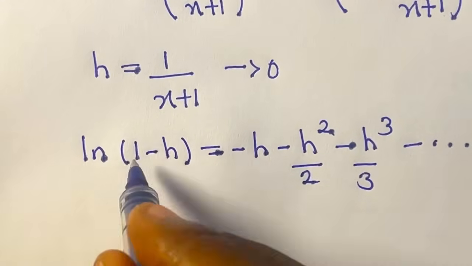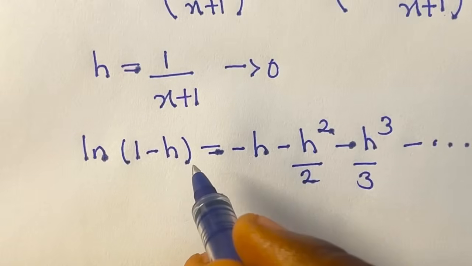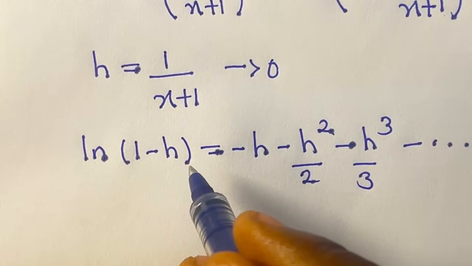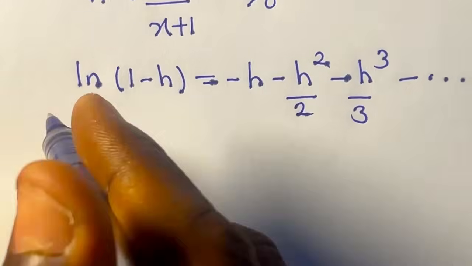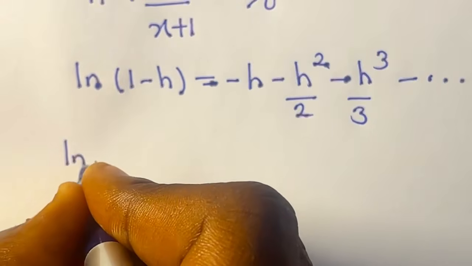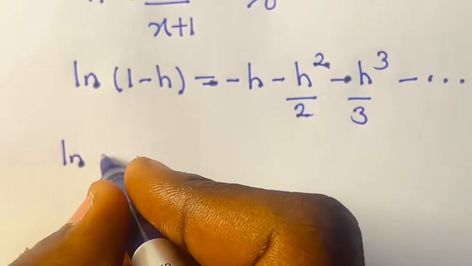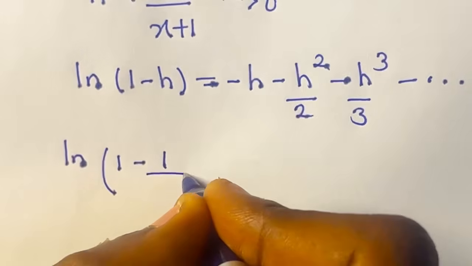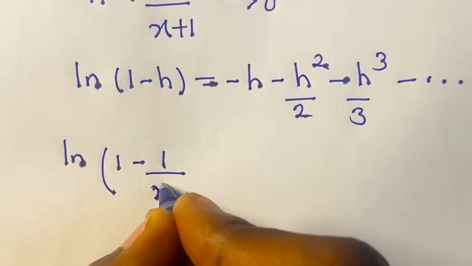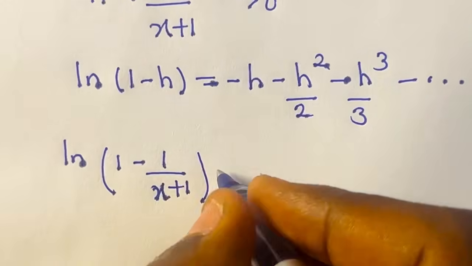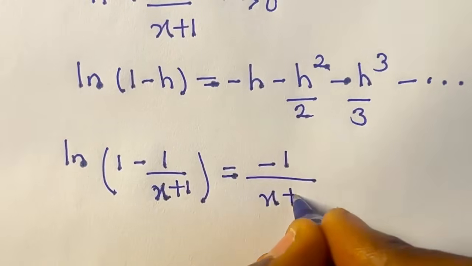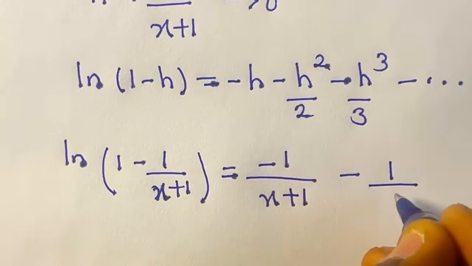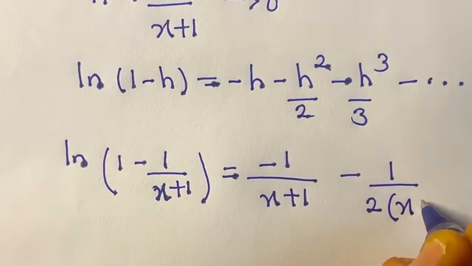This is a standard formula, or you call it the series of logarithm. So applying that to the above, we are going to have ln (1 minus 1 divided by x plus 1) equals minus 1 divided by x plus 1, minus 1 divided by 2 times (x plus 1) squared.